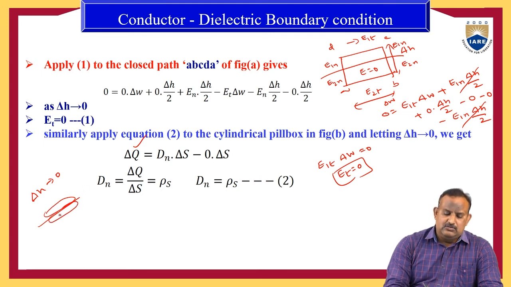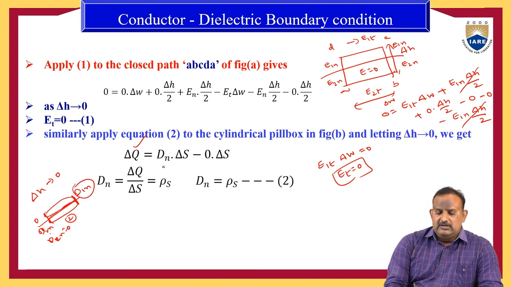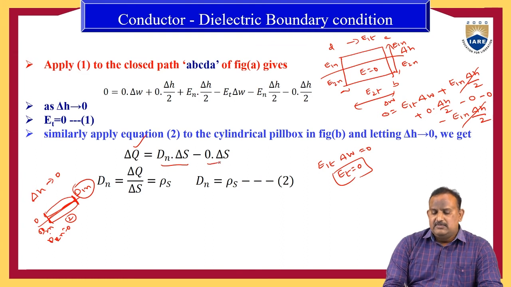When the two surfaces touch at the boundary, then we can consider the two normal components, D1n and D2n. Because electric field intensity in media 2 is 0, D2n directly becomes 0. We have only D1n. Therefore, the charge dq is equal to Dn into delta s minus D2n, which is 0 into delta s.